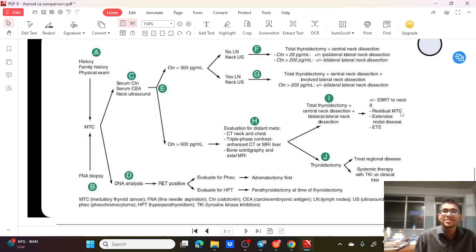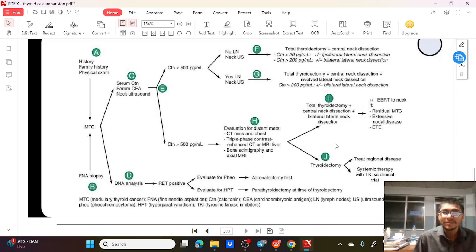If there is any residual lesion, extensive nodal disease and extrathyroidal extension, and if the other thing is not possible, then we go for a thyroidectomy followed by treating the regional disease and systemic therapy versus clinical trial. So these are generally done when the disease has spread to distant sites.